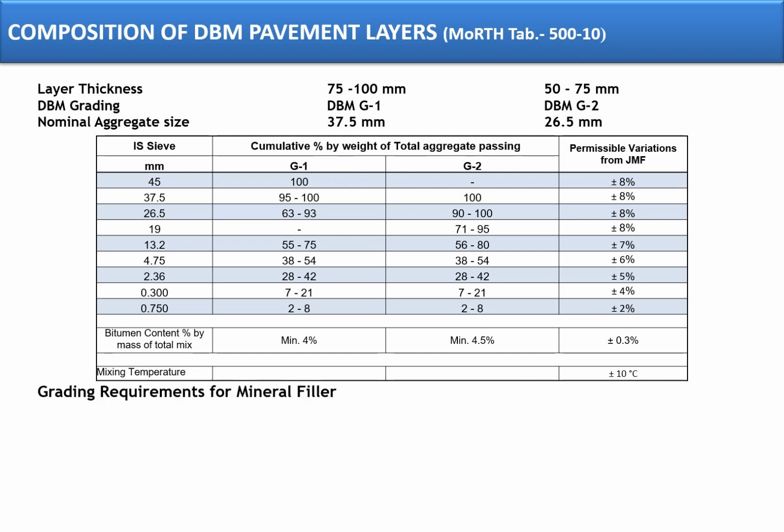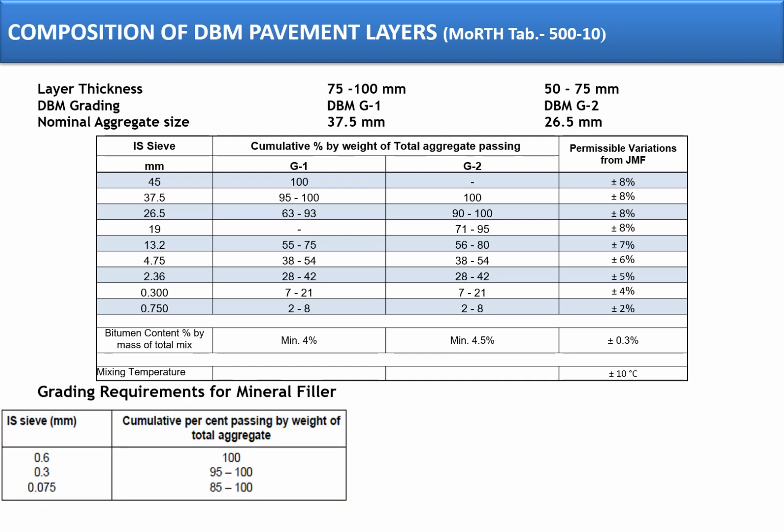Once the grading requirement is done, you can select the materials, and then you have to choose the mineral fillers, for which again you have a grading requirement: 600 micron passing, 300 micron passing and 75 micron passing. So the material which can be used as a filler should have 100% passing from the 600 micron sieve, that is the 0.6 millimeter sieve, 95 to 100% passing from the 0.3 millimeter sieve, and 85 to 100% passing from the 0.075 mm sieve.